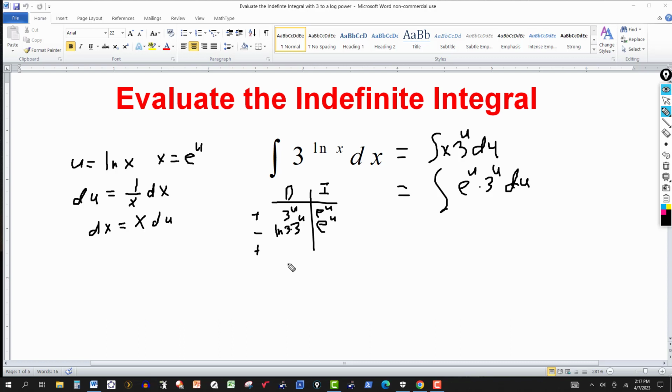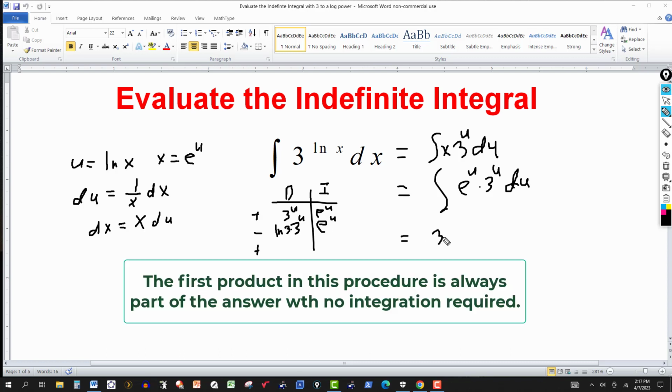Normally we want the left side to go to 0 so we can complete the procedure, but when we multiply along a row, that's still an integral. So this can be written as plus, minus, so it's positive, and then 3 to the u times e to the u.